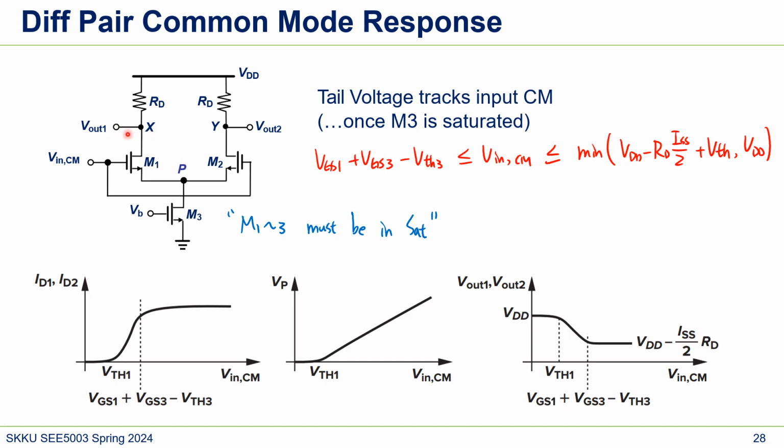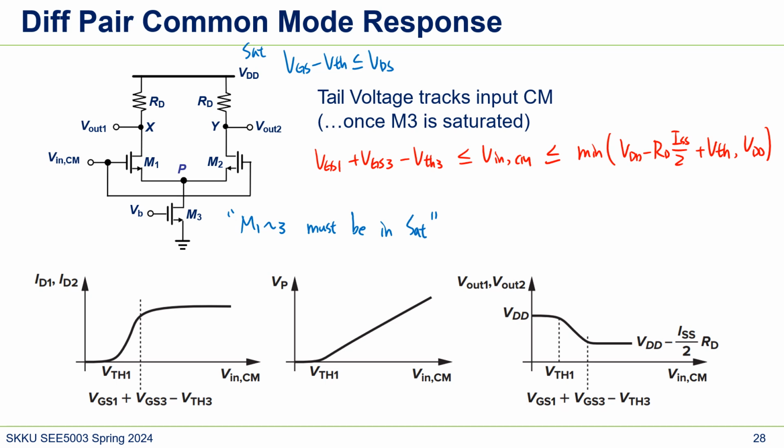If V out is too low, M1 will be in the linear region. Just a reminder, the saturation condition is that VGS minus VTH should be smaller than VDS.